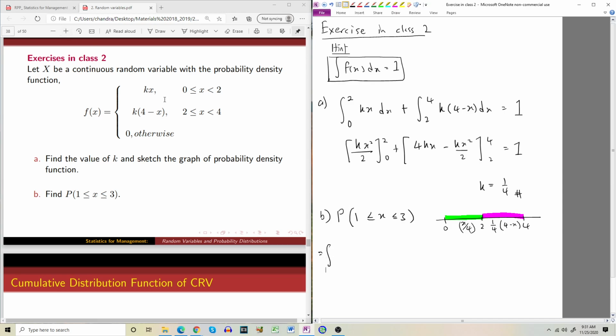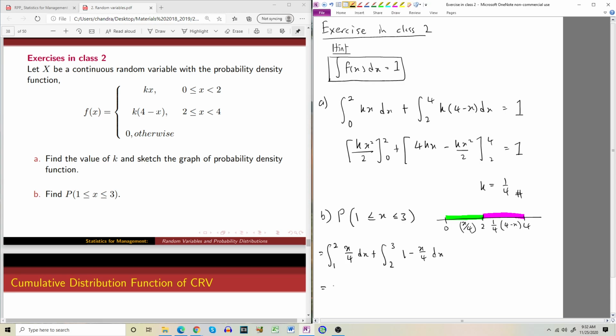We now have two functions for two different intervals, so you have to split: 1 to 2, and 2 to 3 is another function. And if you do this, you will get 3 over 4.